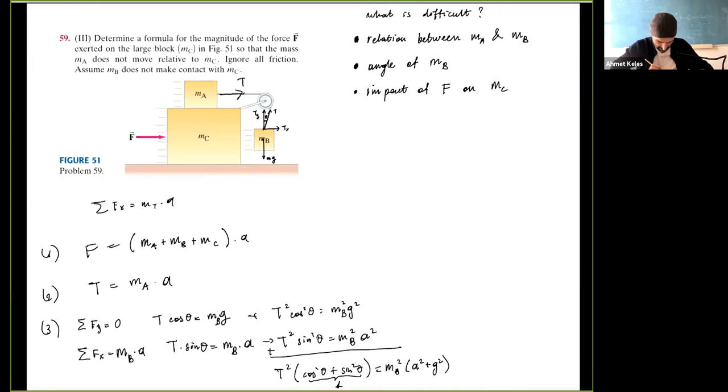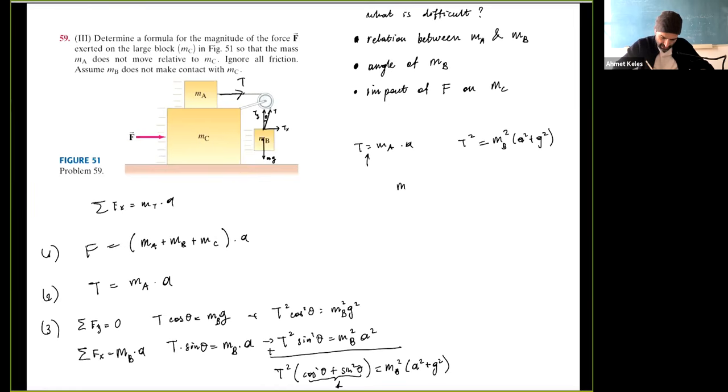Now I have two equations. T is equal to MA times A, and T squared is equal to MB squared A squared plus G squared. So if I square this, these two should be equal, right?